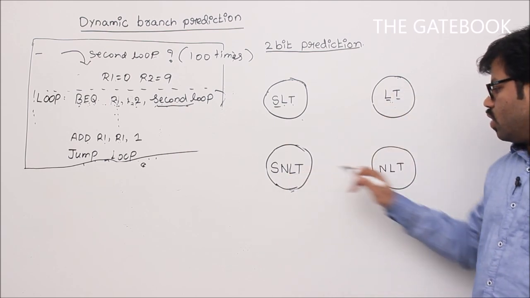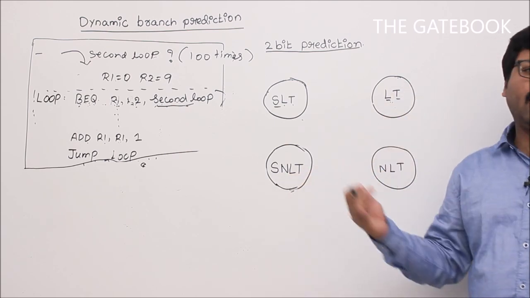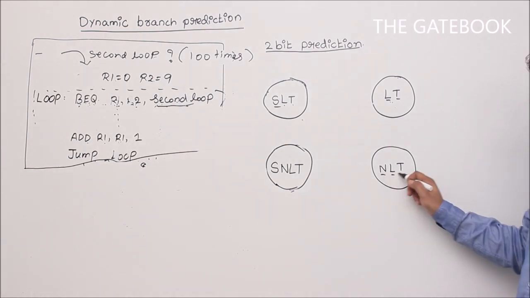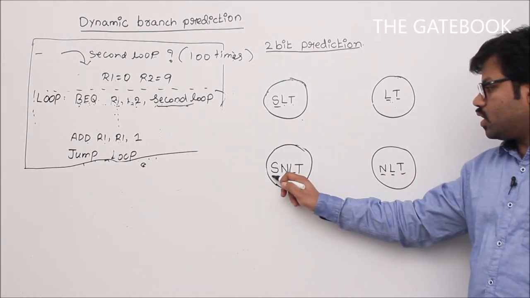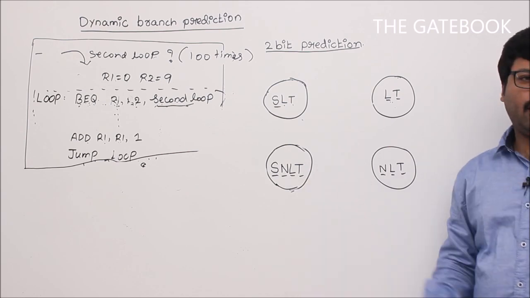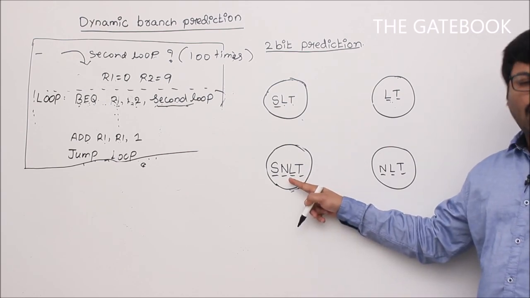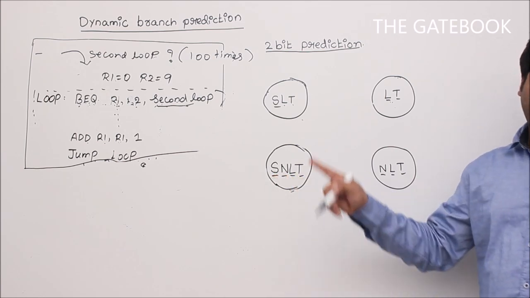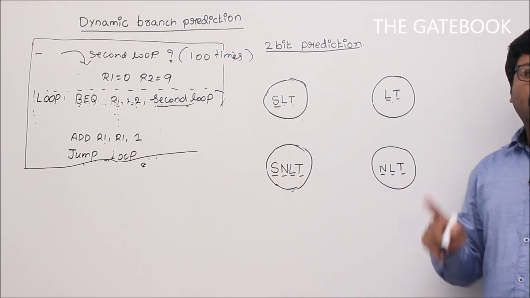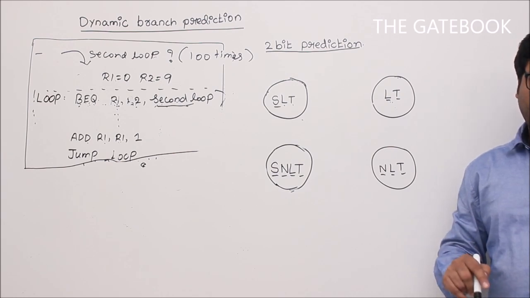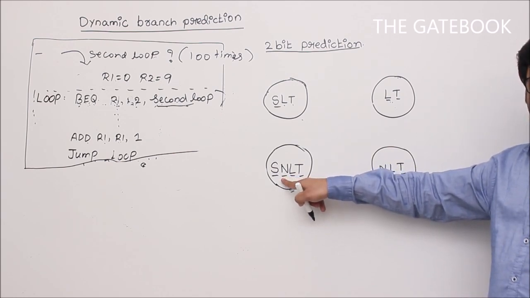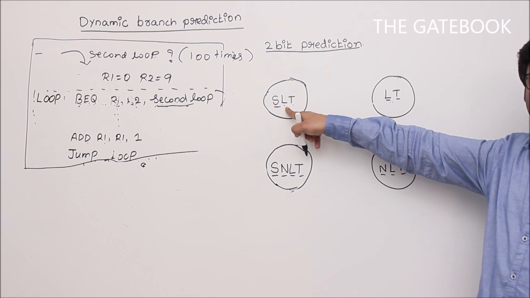Again, you have two opinions about not likely to be taken. One is simply not likely to be taken. Second one, strongly not likely to be taken. Sometimes your pipeline assumes that branch is strongly not likely to be taken, sometimes it assumes that branch is not likely to be taken. Here it is very serious. It's very sure.